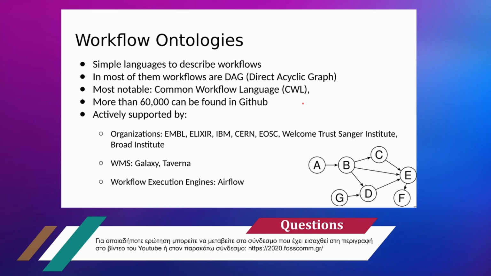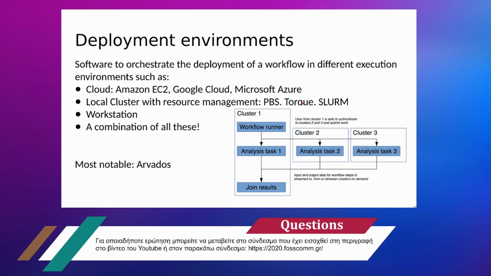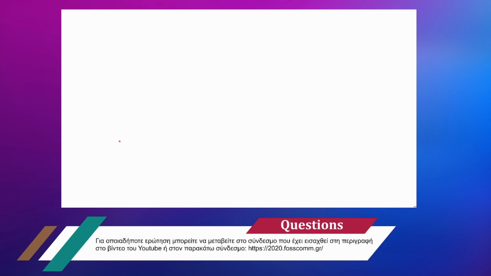And then, if you do this with the CWL format, you can make sure that it runs in the majority of execution engines. And there is software called Arvados, which takes this CWL and makes sure that you can run this in Amazon EC2, Google Cloud, Microsoft Azure, PBS, Torque, Slurm, etc.